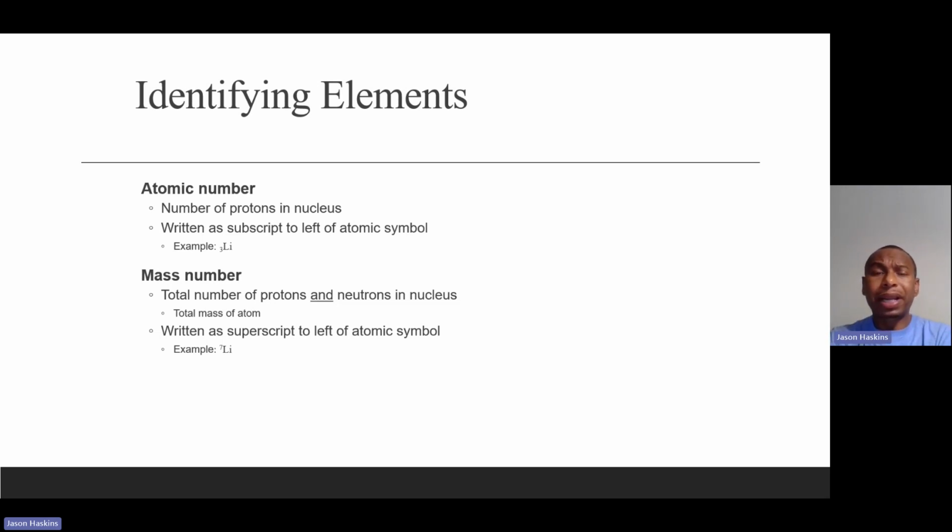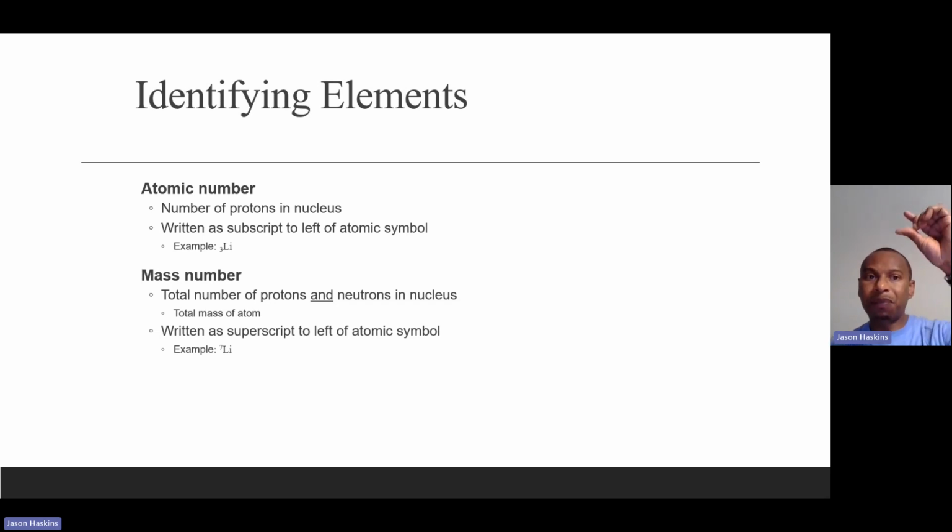Now, when we're looking at a periodic table, not only does that top number, the atomic number, represent the number of protons, but only on a periodic table, that top number also represents the total number of electrons, because on a periodic table, those elements are not interacting with each other at all. They're just on the table, so they're neutral.